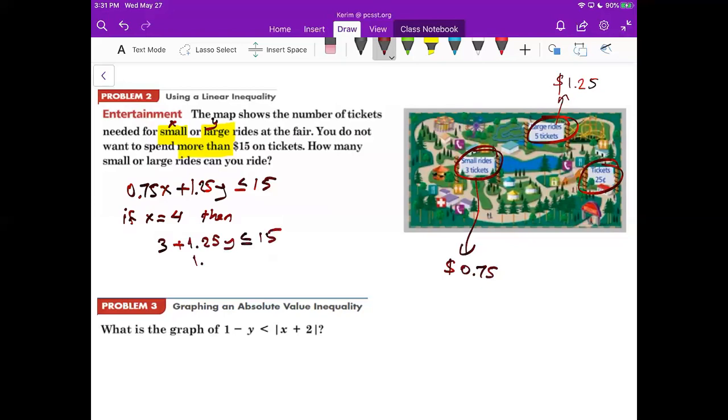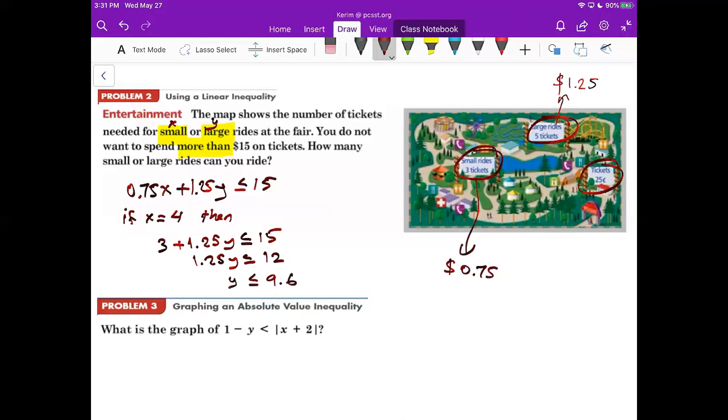Subtract 3 from both sides to get 12, and then divide both sides by 1.25. Let me do that with my calculator. 12 divided by 1.25 gives us 9.6. So y is less than or equal to 9.6.